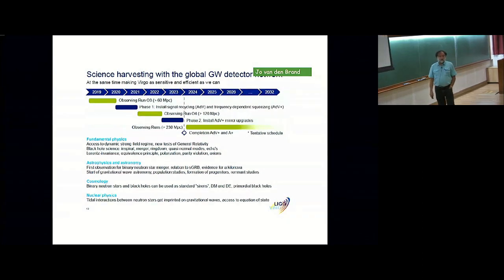KAGRA doesn't have a lot of control, to be honest, of their schedule because they're still in the struggling phase of getting their detector operating for the first time. Once they get it operating, then they know what their sensitivity is, where they need to improve things, and then they'll be able to better schedule.